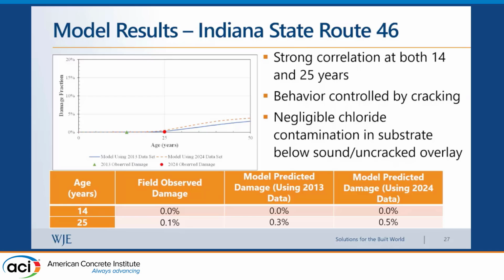But when we use the model inputs from 2013, the predicted amount of damage agreed a lot with the field observed damage. Also, the prediction for age 25 years, starting from the inputs collected in 2013, showed good correlation at the 0.3 value here against 0.1 that we observed in the field.